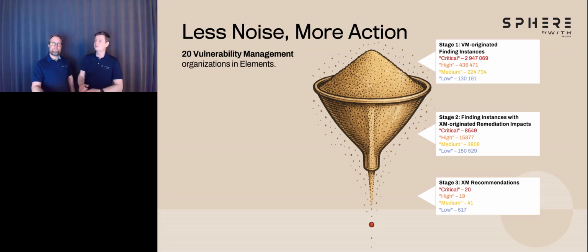And then if we go further down, the next step is that we still have 8,500, but there we have already grouped those findings so that we start to understand better how those are related to each other. But that's not enough. So we need to go even further down.